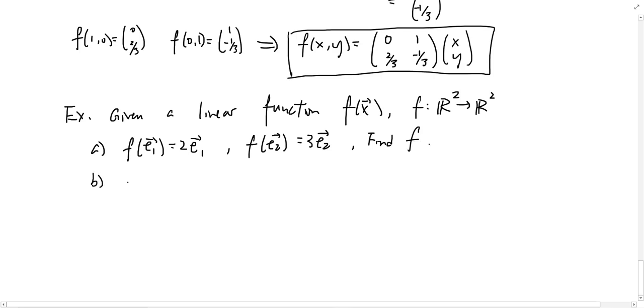And then B, suppose I have function f of E1 equal to vector E2, and f of E2 is actually equal to negative vector E1, find f.